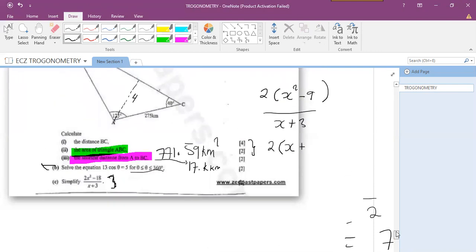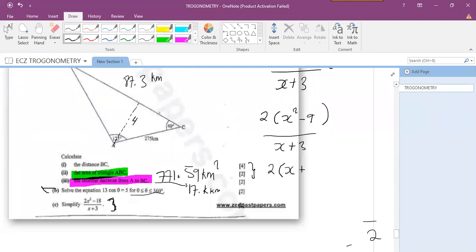So from here, we're going to use the difference of 2 squares. We're going to say this is over x plus 3. So the difference of 2 squares is something like that, minus. So what's the square root of 9? The square root of 9 is 3. Right? Excellent. So we'll plug in the 3 there. So that's the difference of 2 squares.